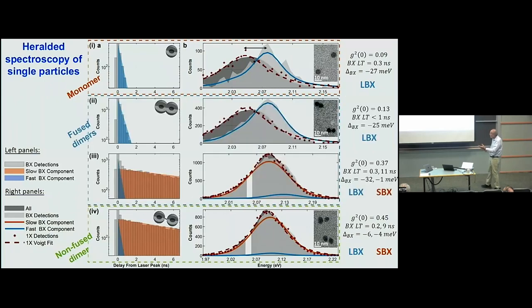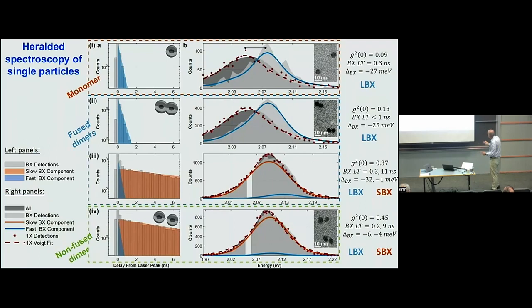What happens in the fused dimers? Here we have kind of a situation where we see both effects to some extent. Namely, some of the particles are really dominated by the situation of a monomer. So it means that we have a localized biexciton on one side.